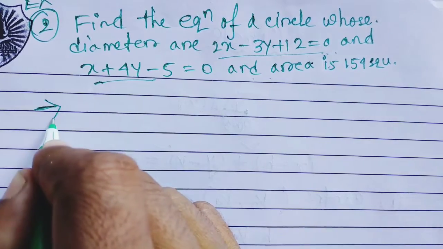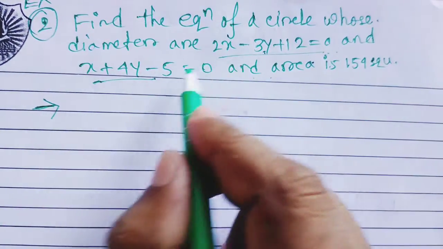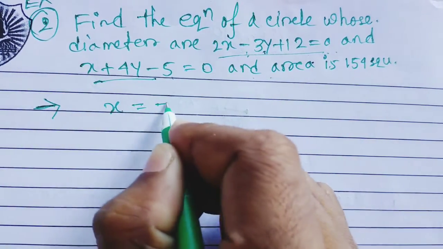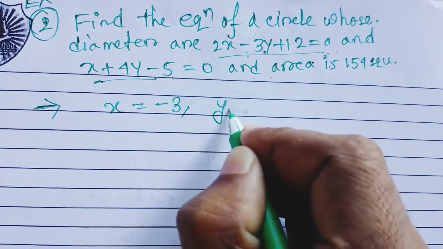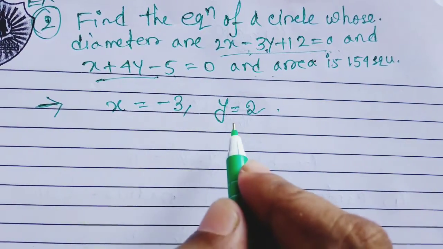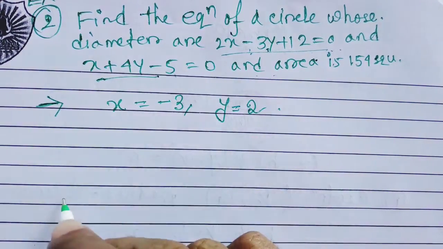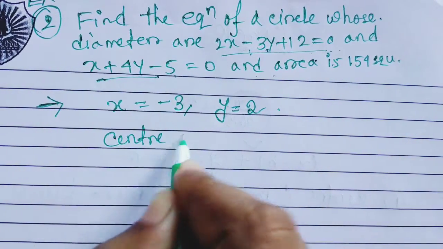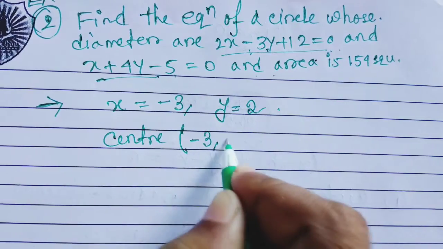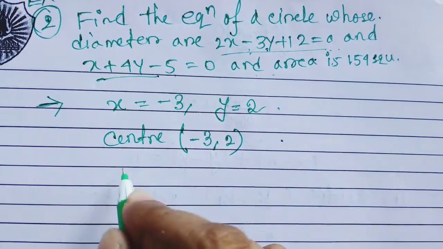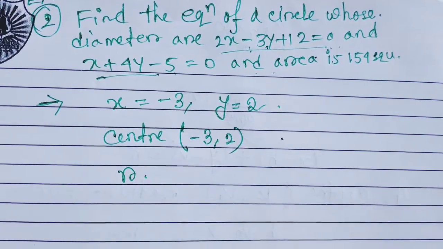Now just solve these two equations, then we will get x equal to minus 3 and y equal to 2. We know that the center is the point of intersection of the diameters, so the center will be (minus 3, 2).